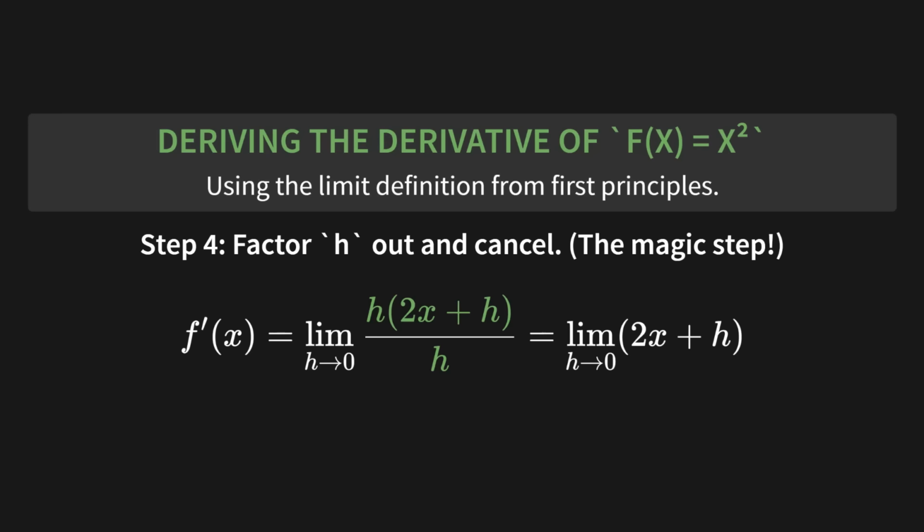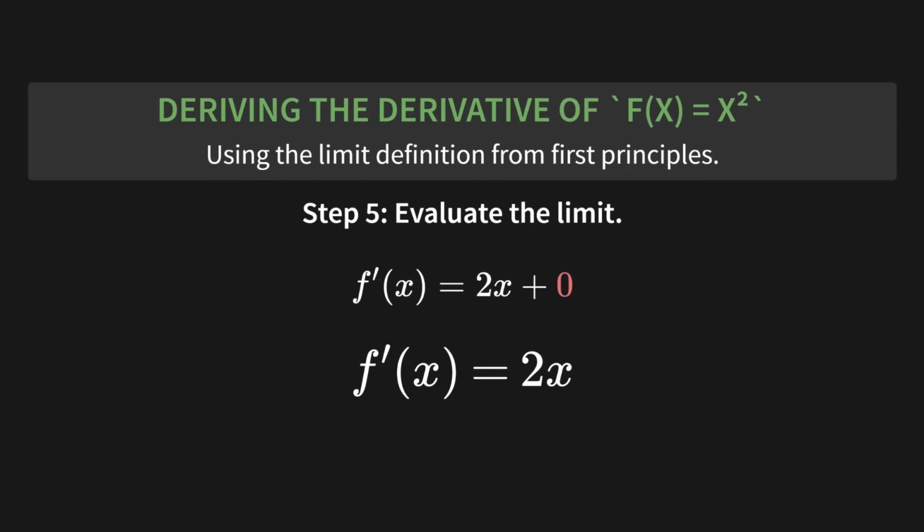The whole reason we can't just plug in 0 for h is because we'd be dividing by 0. But now, look, we can factor h out of the top, giving us h times (2x plus h), divided by h. The h on top cancels the h on the bottom. The problem is solved. We're just left with the limit as h approaches 0 of 2x plus h.